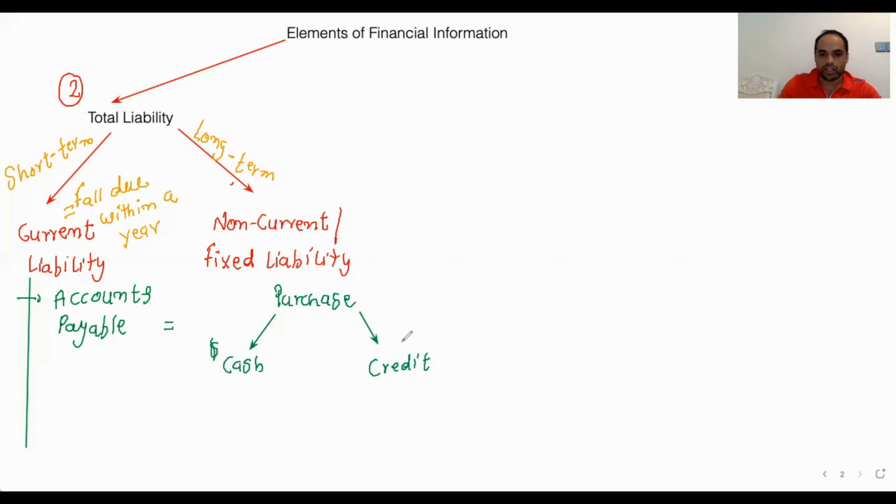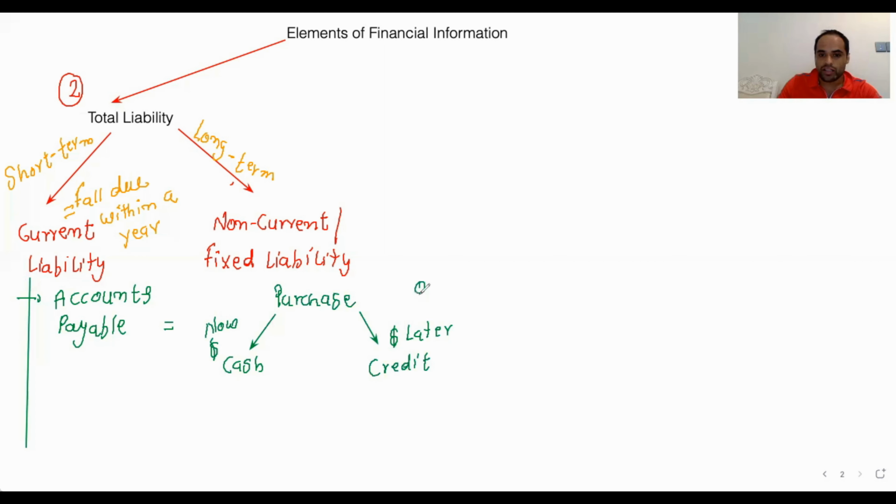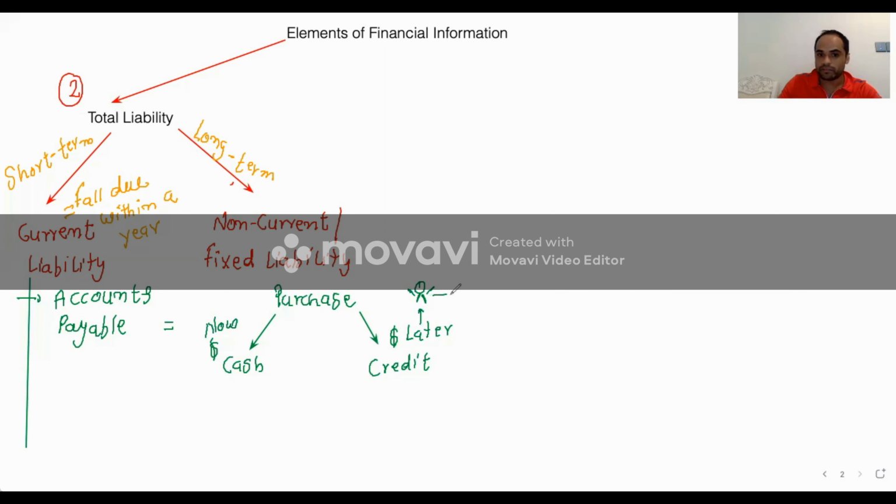Purchase on credit means you will pay later. So you purchase now, but you pay later. If you pay later to someone, let's say a supplier, because you purchased material from the supplier, it becomes accounts payable.